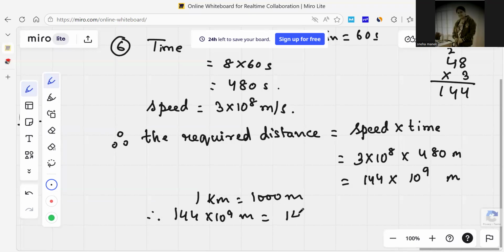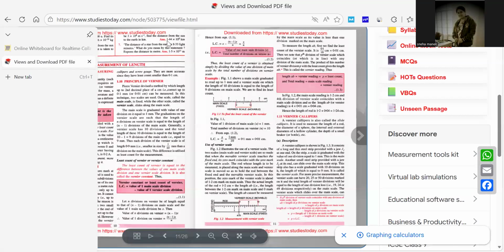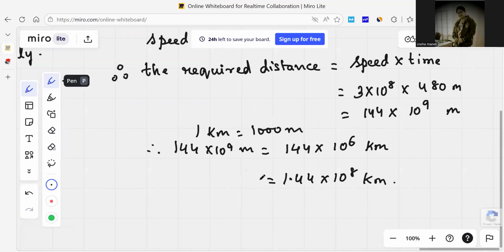144 into 10 to the power 6 kilometer. Now if I just put two zeros here, I have to add two zeros here. So 1.44 into 10 to the power 8 kilometer. Let's check it out. 1.44 into 10 to the power 8 kilometer.